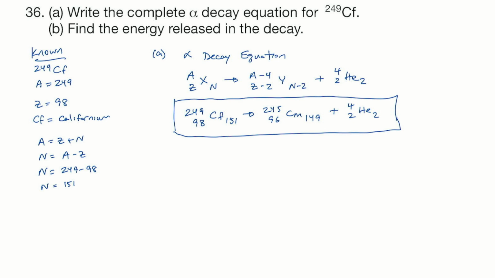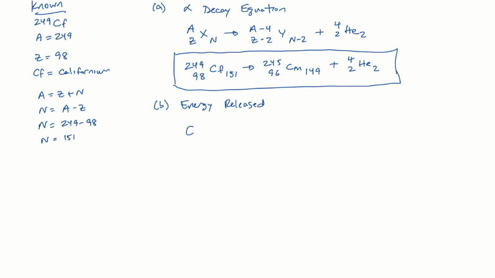Now we need the energy released. Okay, so the energy released is going to be the mass defect, which is delta M, times c squared. All right, so let's go find the mass defect delta M first. We can use this notation.